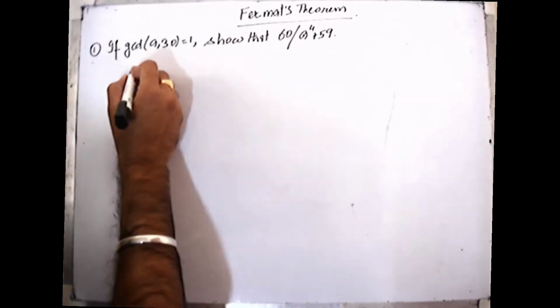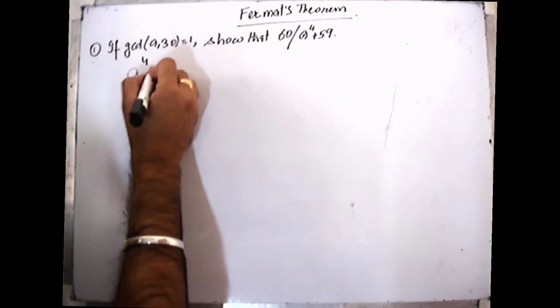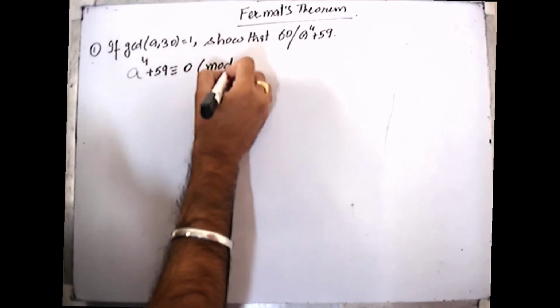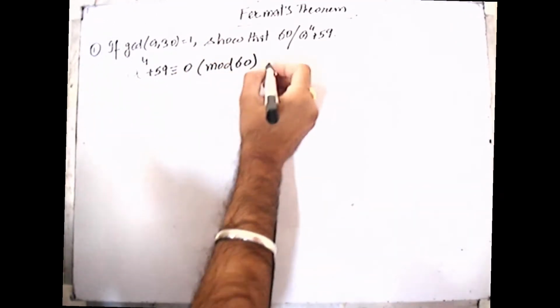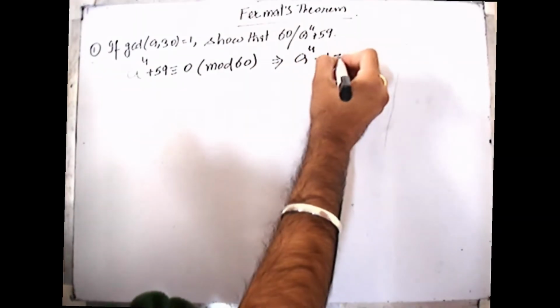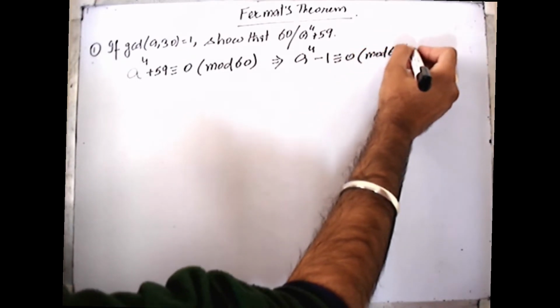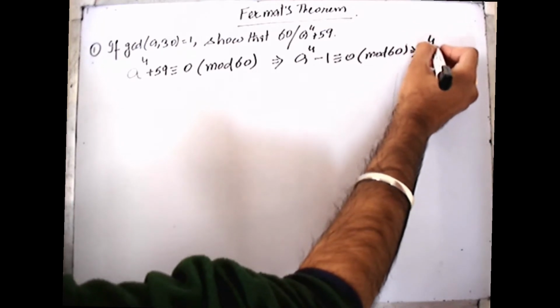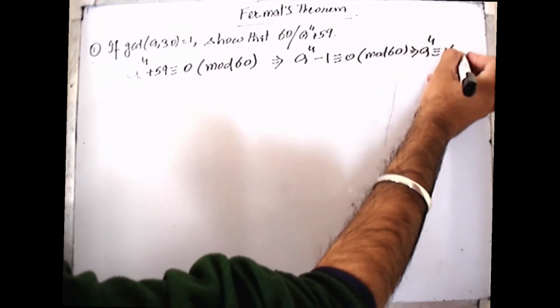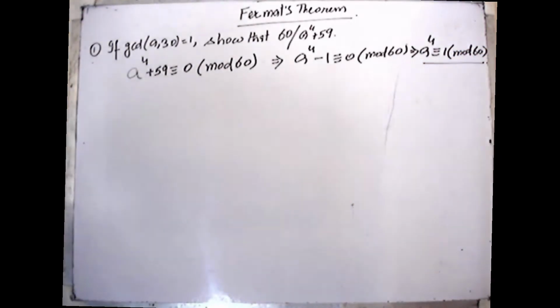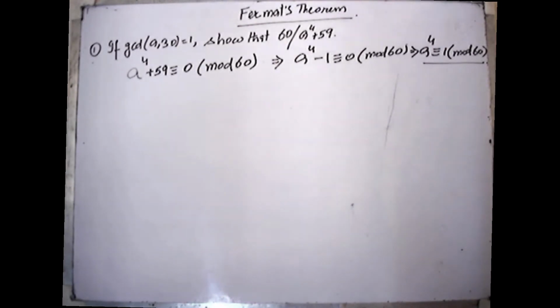That can be written as a power 4 plus 59 congruent to 0 mod 60, which may further be written as a power 4 minus 1 congruent to 0 mod 60, or further we have to prove a power 4 is congruent to 1 mod 60. So this is the desired result which we wish to prove.